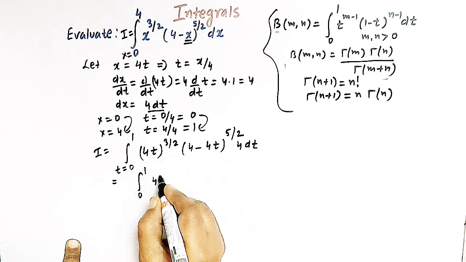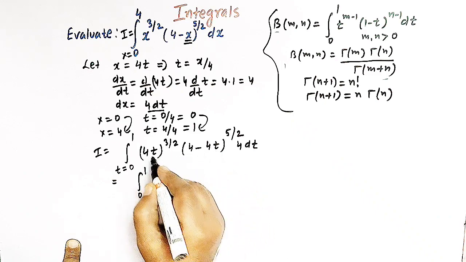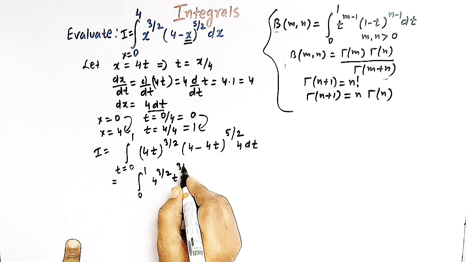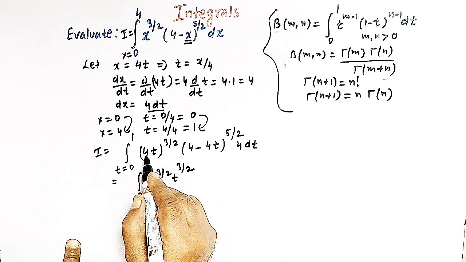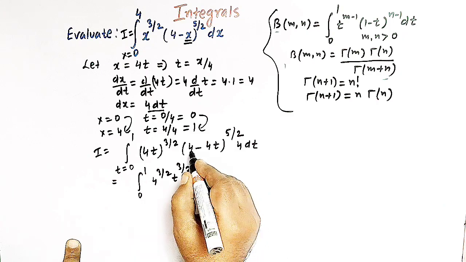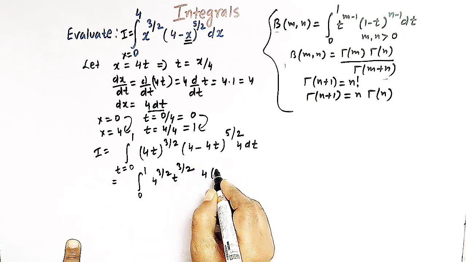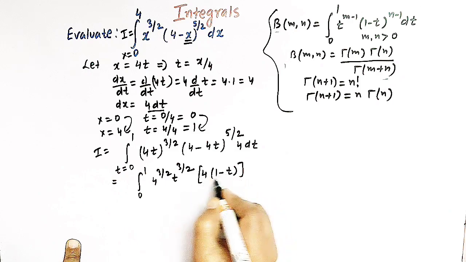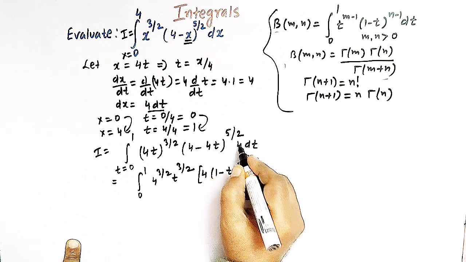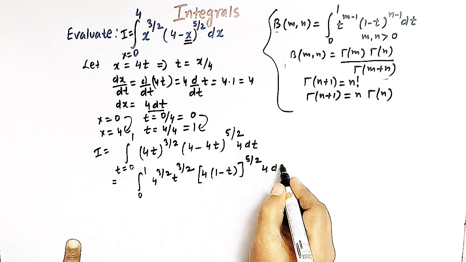So we have 4 raised to 3 by 2, and then t raised to 3 by 2. So distributing this power to 4 and t, and here we can take 4 common. So we have 4 times 1 minus t raised to 5 over 2, and here we have 4 dt.